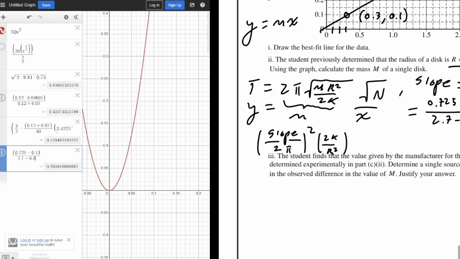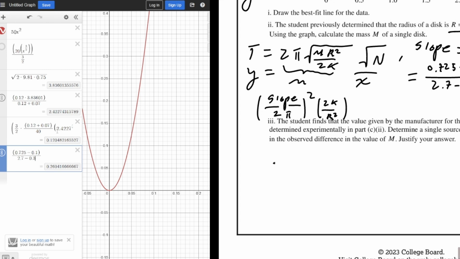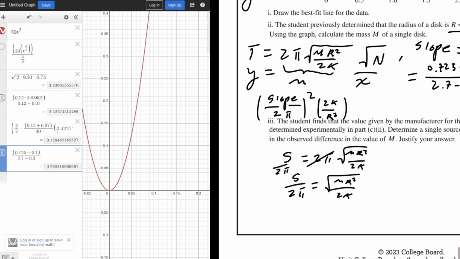And you may be asking, well, how did you get there? I'm going to start doing it over here. I'm going to call slope s, just for simplicity. s equals 2 pi times the square root of mr squared over 2k, right? We divide by 2 pi on both sides to cancel it. Now s over 2 pi equals the square root of mr squared over 2k. Forgive my handwriting.